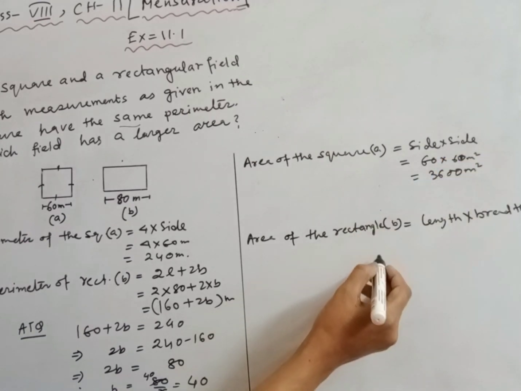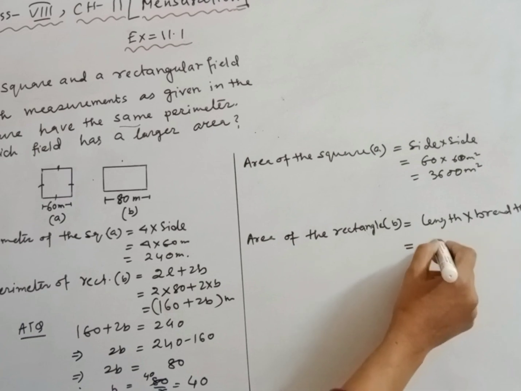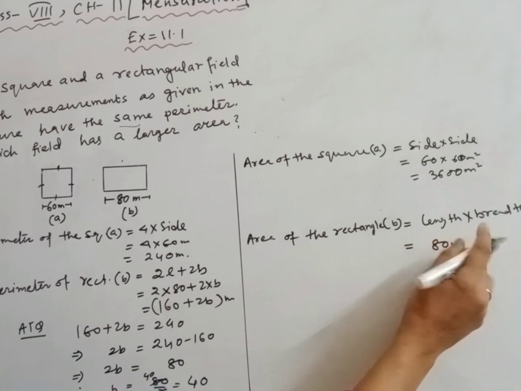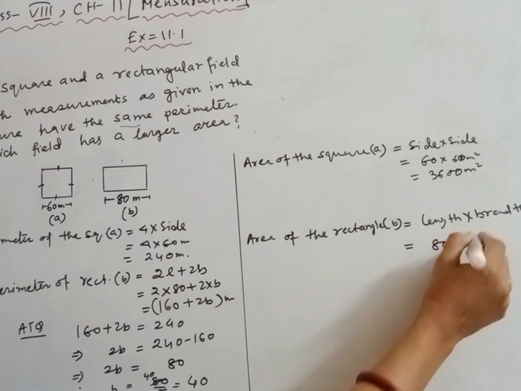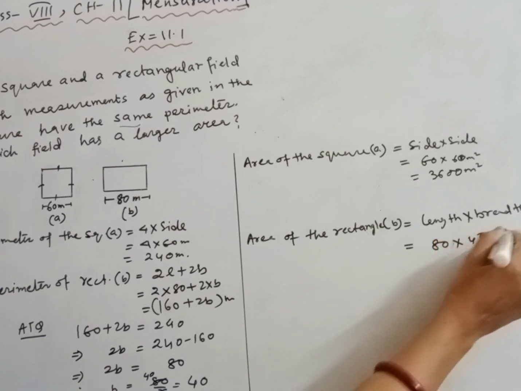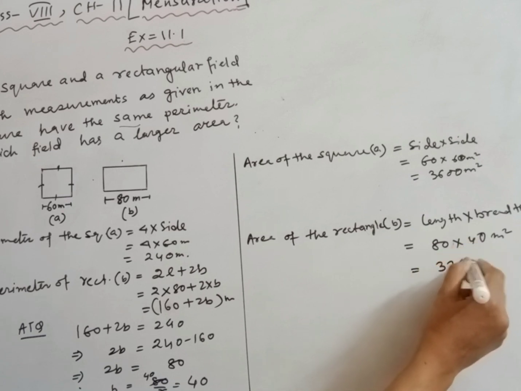And area of the rectangle, length into breadth, length is 80 meter, and breadth you have just found, it is 40 meter. So 80 into 40 meter square, 4 8s are 32, 3200 meter square.